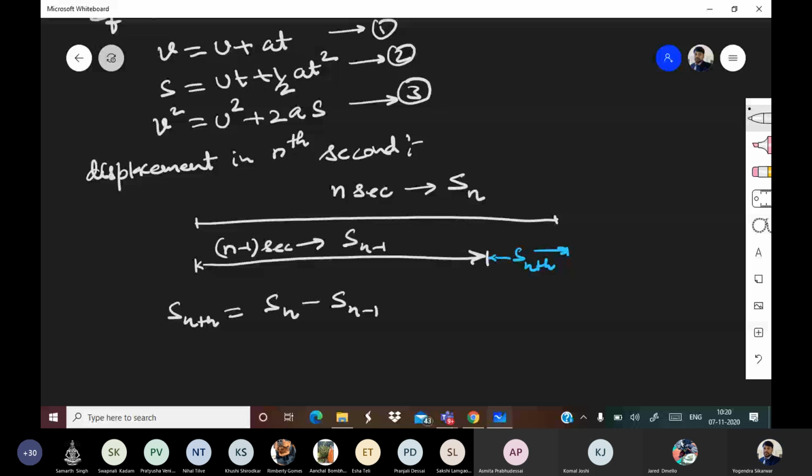Okay. So how much is Sn? Sn is the total displacement in n seconds. So that will be ut plus half at square, so u into n plus half into a into n square.